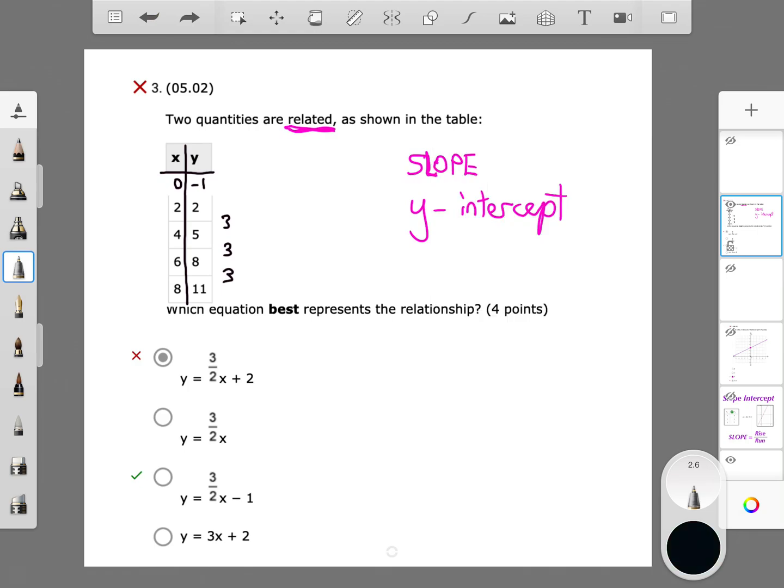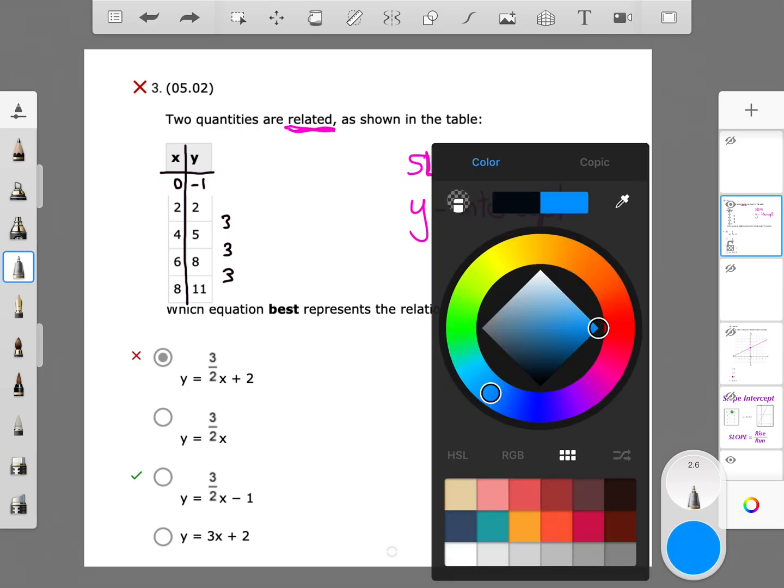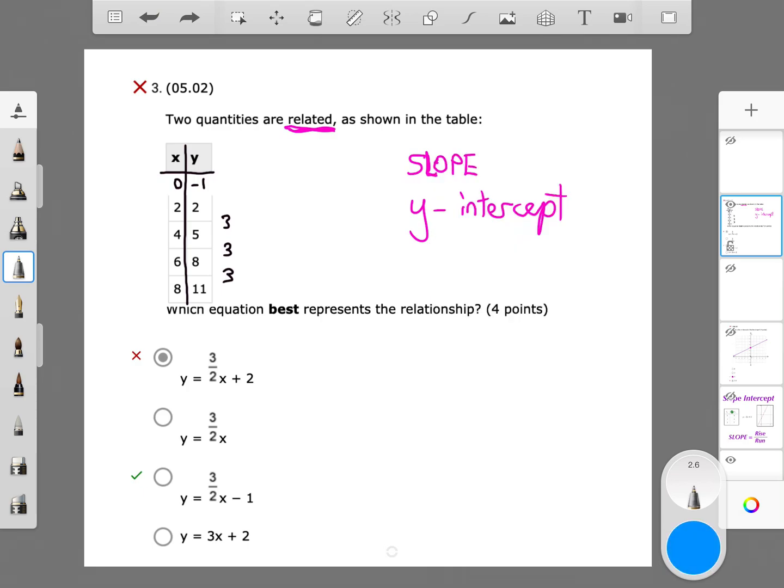This part's going to be our slope. There's a good blue. All right, we'll use these 2 points, 4, 5, and 2, 2. And I'm going to put the y's on the top. I'm going to take this y minus that y. Okay, 5 minus 2 divided by the x's, 4 minus 2.